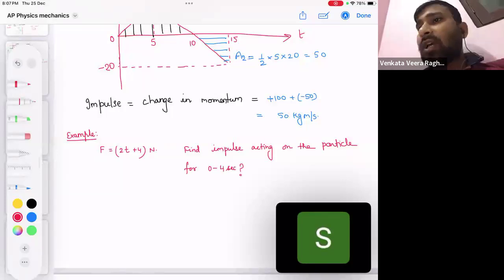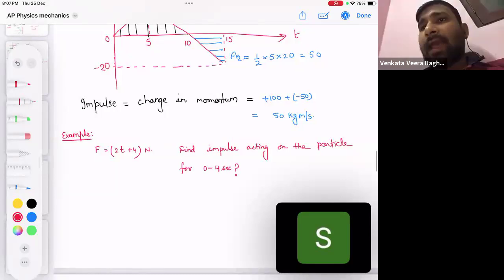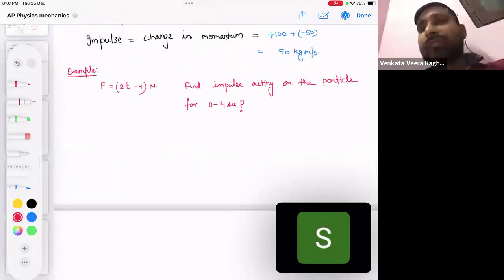So in this duration, how much impulse has acted on the particle? That's what they are asking in the question. Is that clear? What should we do? Here, instead of plotting the graph, impulse means what?